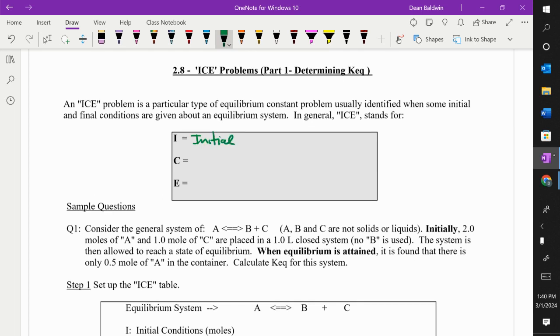I is the initial concentrations, conditions, I guess we'll put conditions. C is the changes as the system goes to equilibrium.